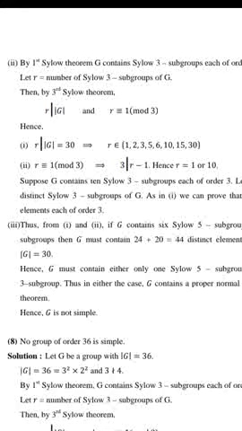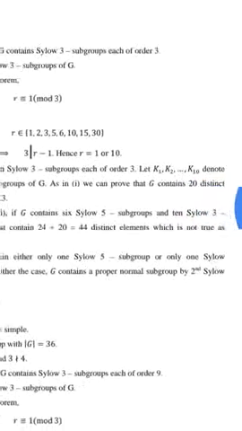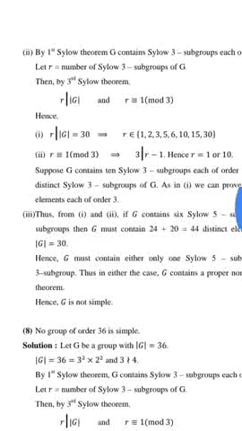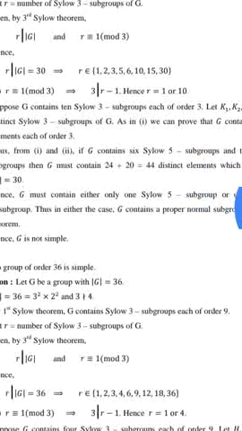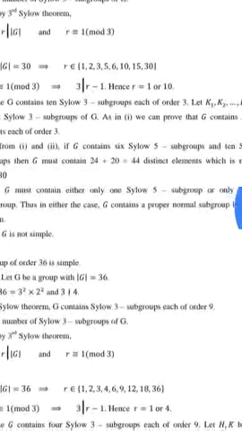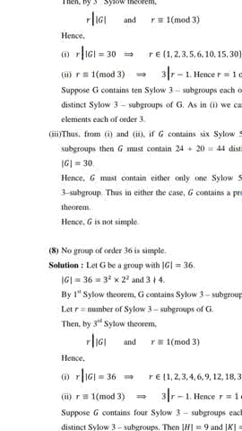Thus, from the first and second cases, if G contains 6 Sylow 5-subgroups and 10 Sylow 3-subgroups, then G must contain 24 plus 20, that is 44 distinct elements, which is not true as the order of G is equal to 30.